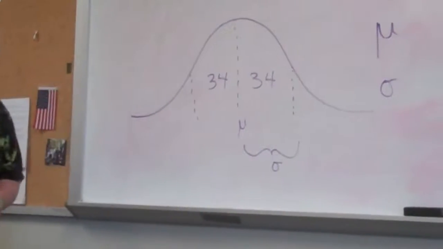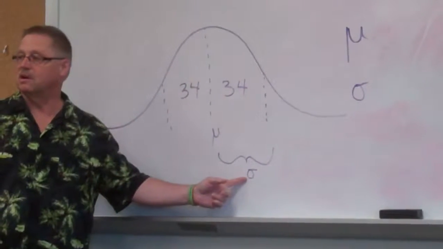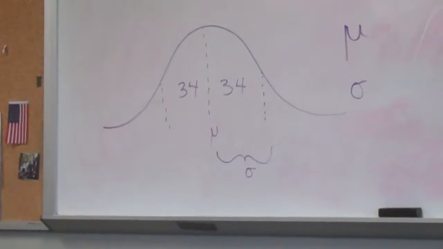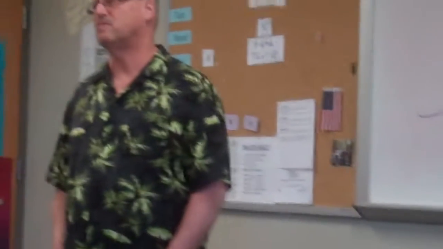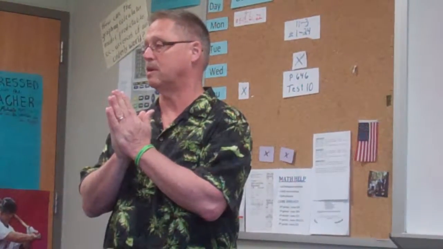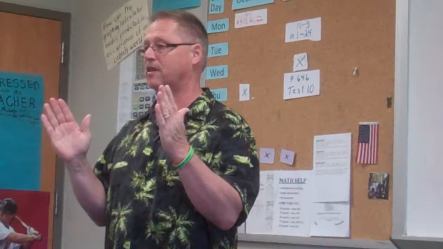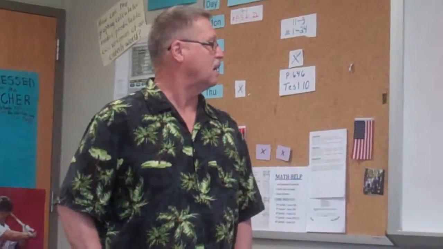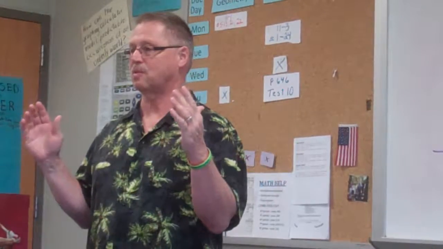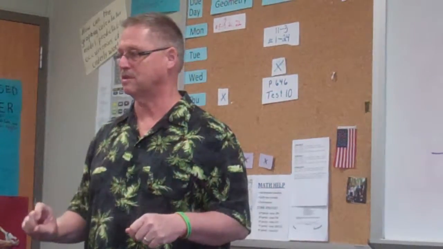Maybe we should talk a little bit about sigma, the standard deviation. The standard deviation is found by adding them all up and finding the mean and finding how far each one is from the mean or average, and adding up all the differences, how far everyone is from the mean, squaring each one's difference separately.